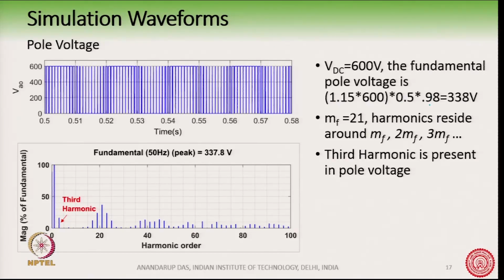So, this is m here. So, m equal to 0.98, and so we get about 338 volt. If there was no third harmonic, then we would not have got this factor here, we would have got 15% less.